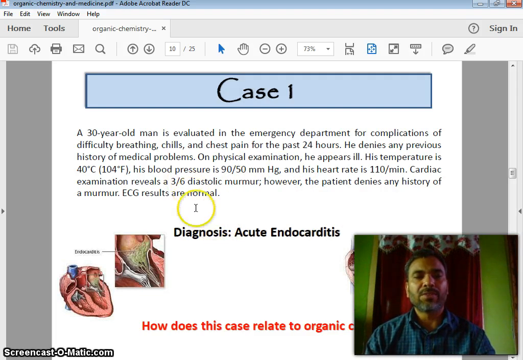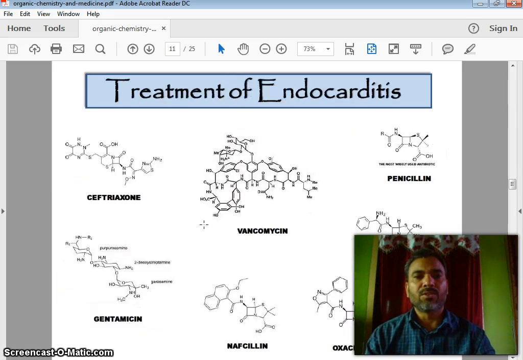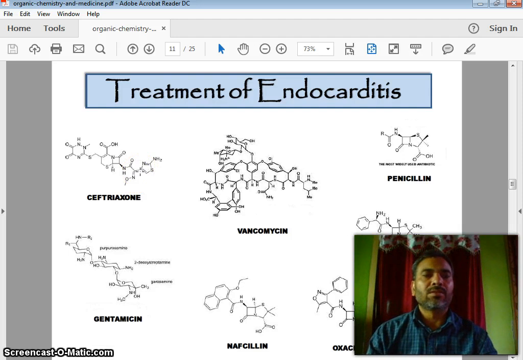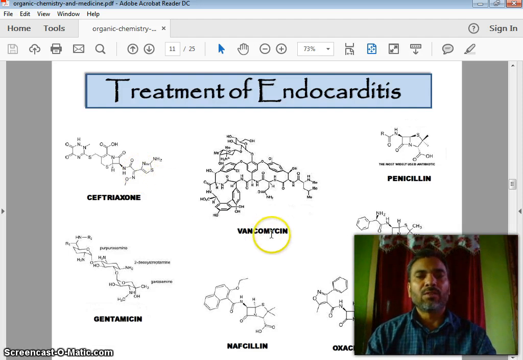For treatment of endocarditis, you need these medicines: ceftriaxone, vancomycin, you see the big molecule, penicillin, ampicillin, gentamicin, nafcillin, oxacillin.